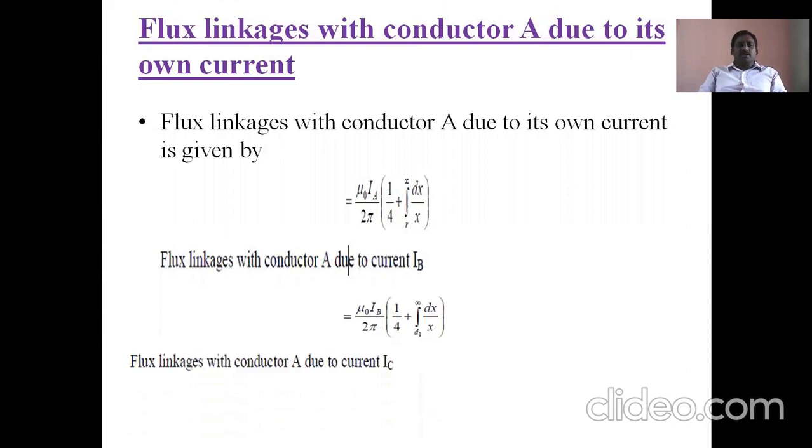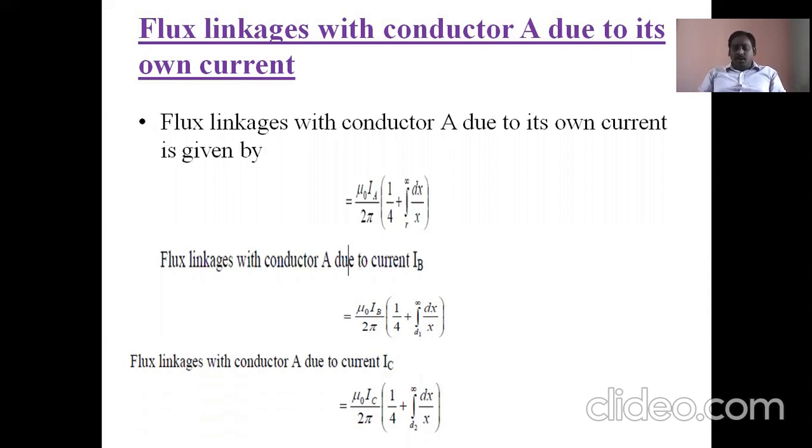In the same manner, the flux linkages with conductor A due to IC is mu naught IC by 2 pi, times 1 by 4 plus the integral from d2 to infinity of dx by x.